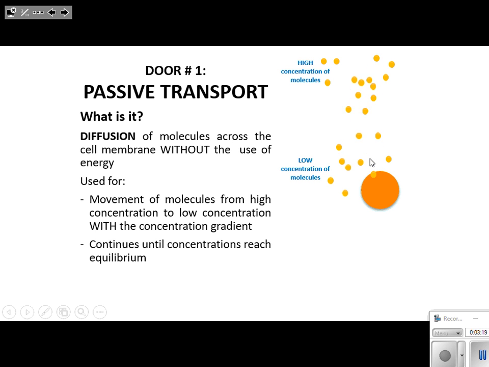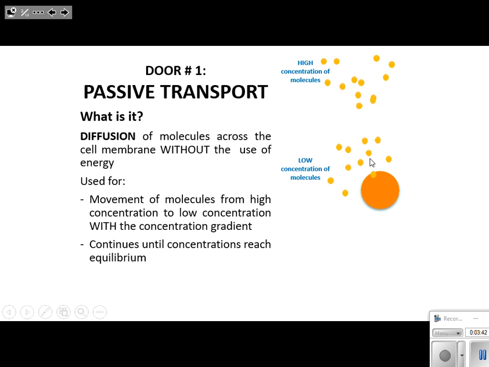If you look at your cell on your passive transport page, it has the lightning bolts with the little slash through them. That means that there's no energy involved. We do not need energy for passive transport.